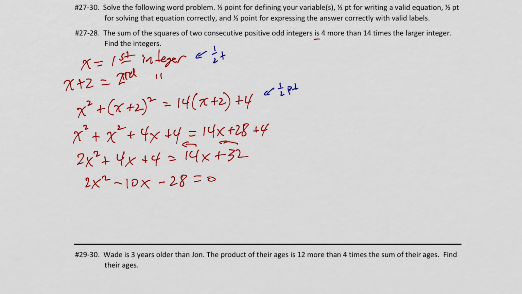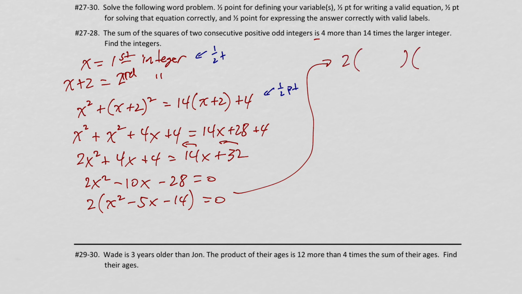First step is always to factor out a GCF. So there's a 2 common to all of them. So let's bring this up here. I'll factor that, and I'll have, let's see, factors of 14 that add up to negative 5 are negative 7, positive 2. So this does not contribute to the solution because it's not a variable. So this gives us positive 7 and negative 2.